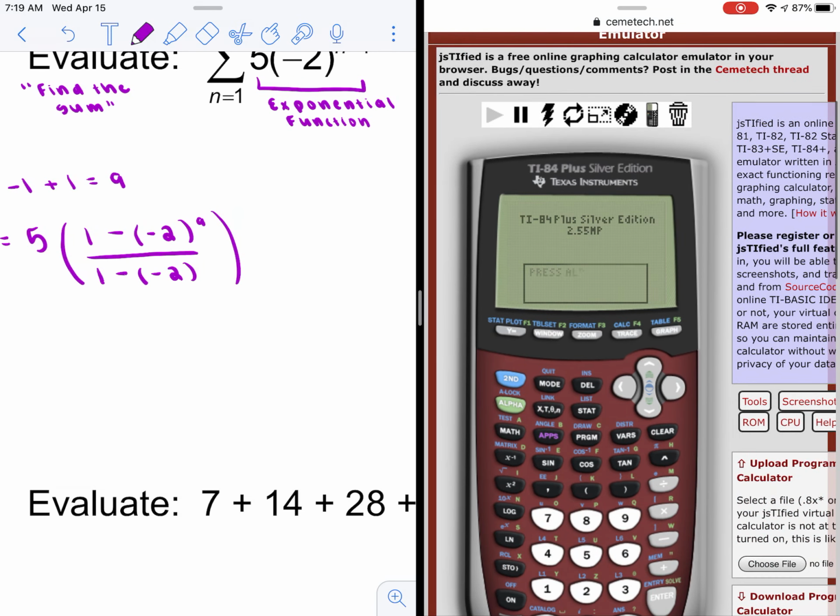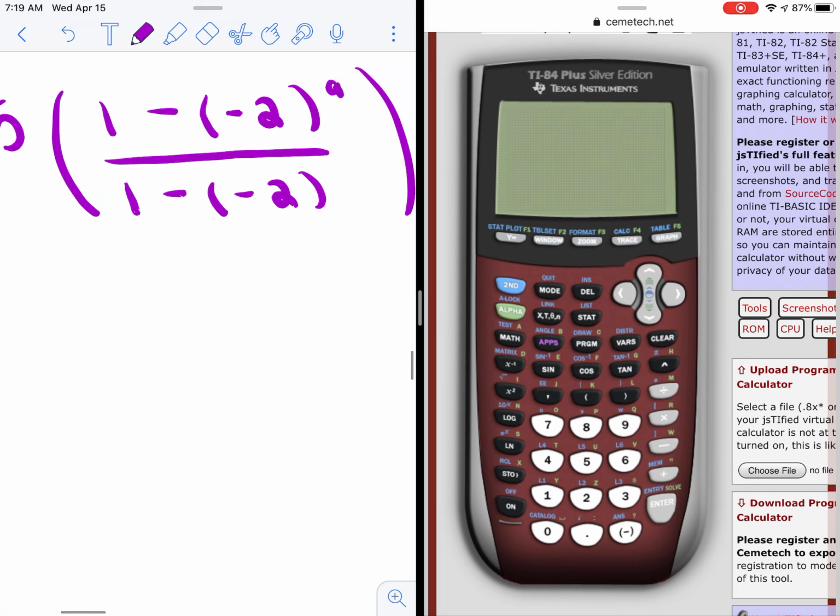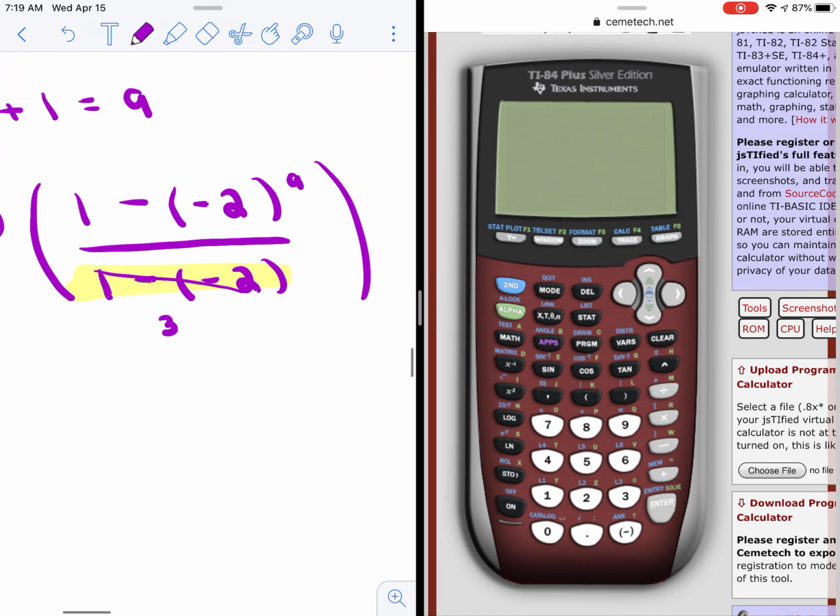So what you're going to have to do is in your calculator, you are going to have to do this piece by piece. I always suggest doing this step 1 minus negative 2. You could type it into your calculator or think of this as 1 minus negative 2. That would become 1 plus 2. This becomes a 3. Now, in the numerator, type this into your calculator.